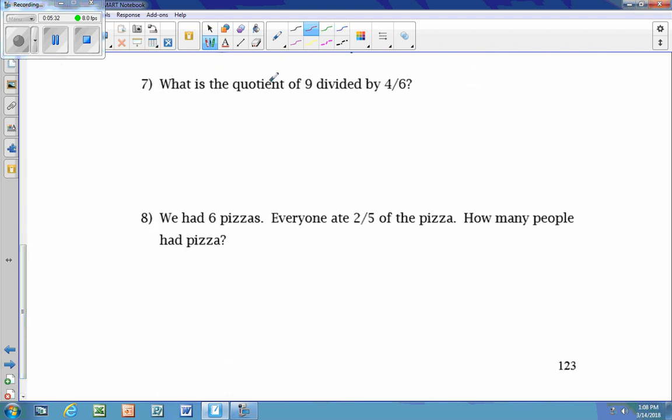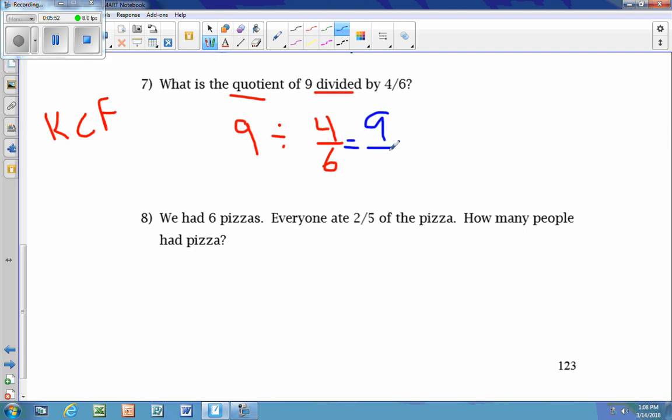Next question. Quotient and divided. So we know we're doing division. 9 is the first number. It's 9 divided by 4/6. And we had learned when we do division, we have keep, change, flip. So we're going to keep the 9 and we're going to put a 1 under it. Change, and we're going to flip the second number upside down.